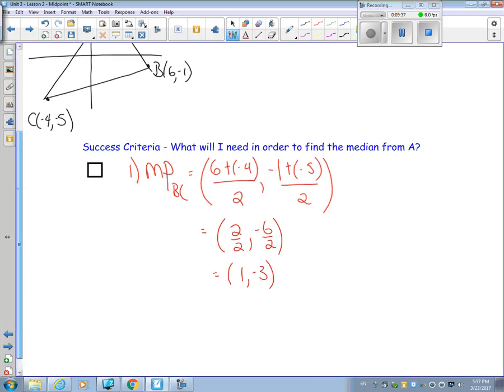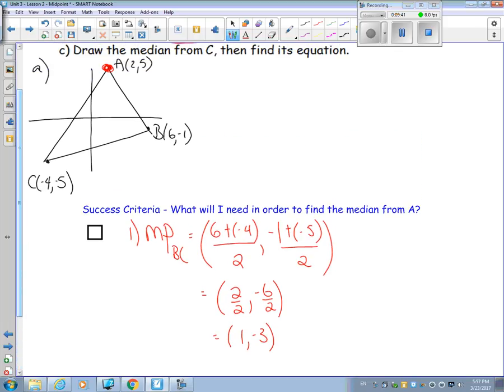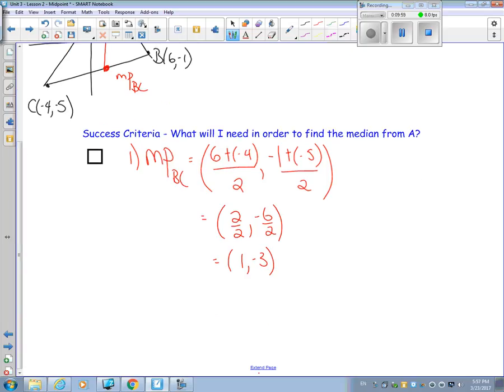Now I know where to draw the end point of my line. 1 and negative 3, right there. Midpoint of BC. Here's my median. Okay. If I want to find the median, I need its equation. I can see where it is now, but I want to find its equation. So step number 2, let's find the slope.